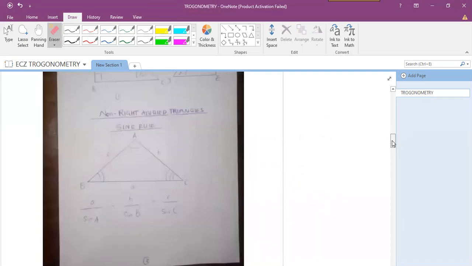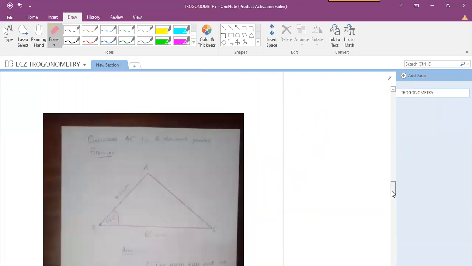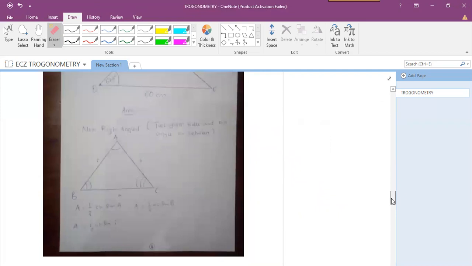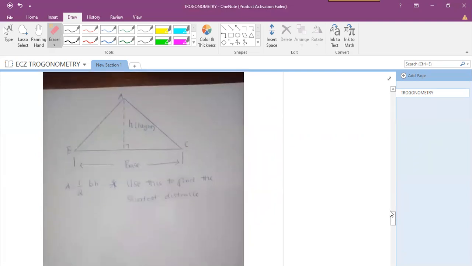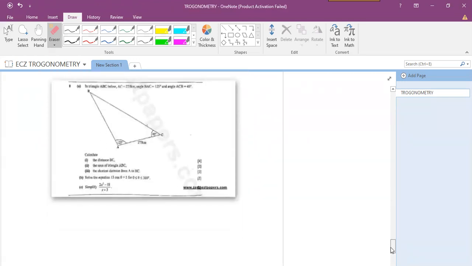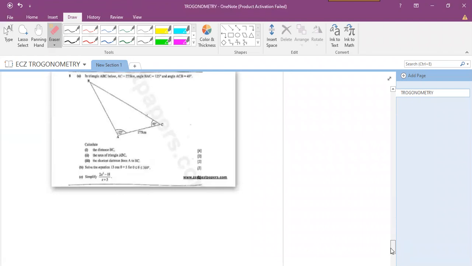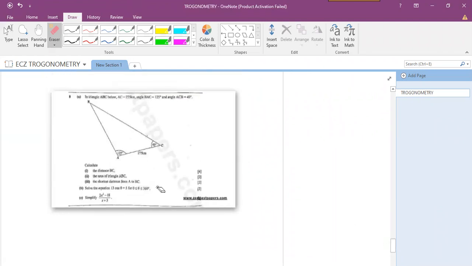Here we're going to do the sine rule and the cosine rule and area of a triangle, and certain scenarios where we are supposed to use the two formulas of area of a triangle. And then we're going to end with a 2019 mathematics paper. This was question 8 of the 2019 paper, where there was a question on trigonometry.